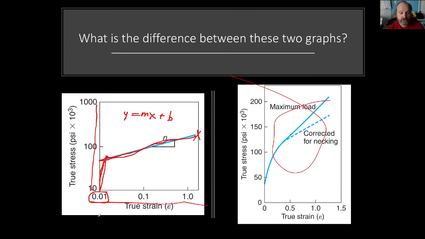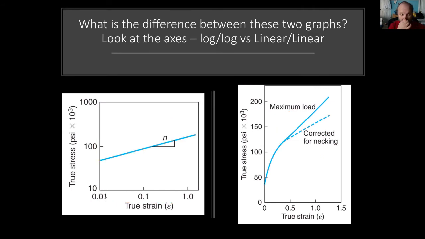Okay, so we've got rise over run to find out what n is, and we've got this here where it crosses the y-axis. So you can find m and n from these curves. Let's talk about it a little bit more.